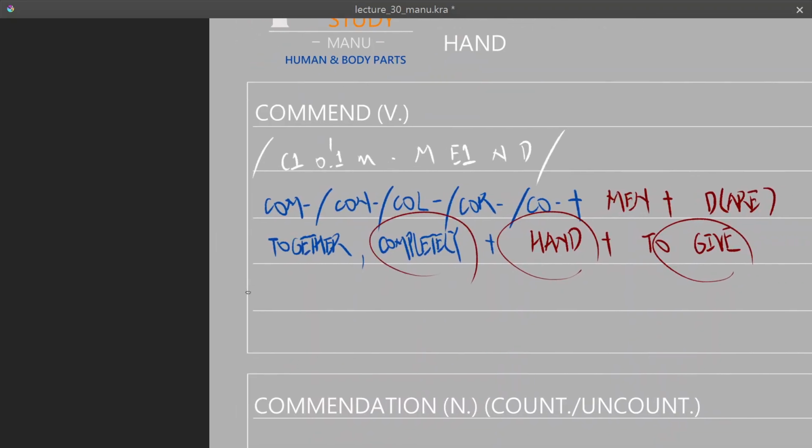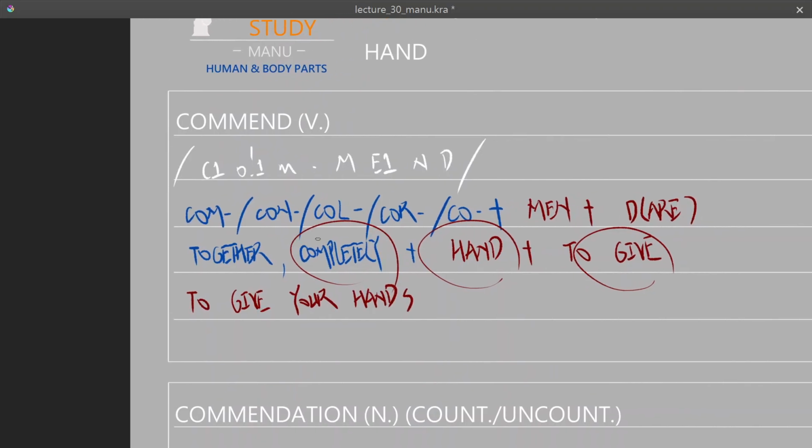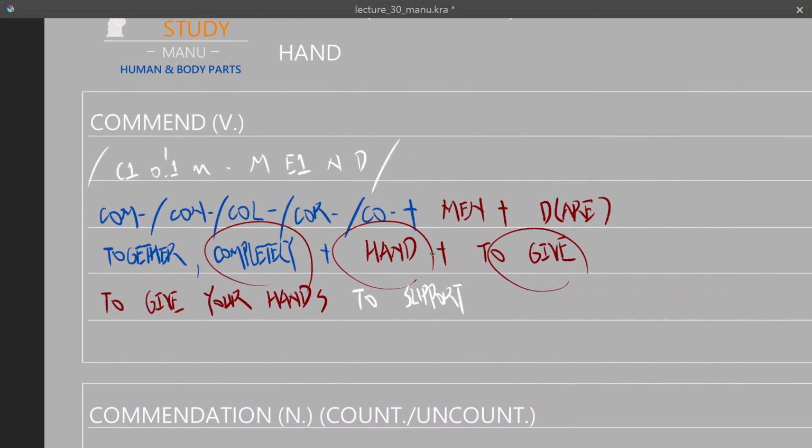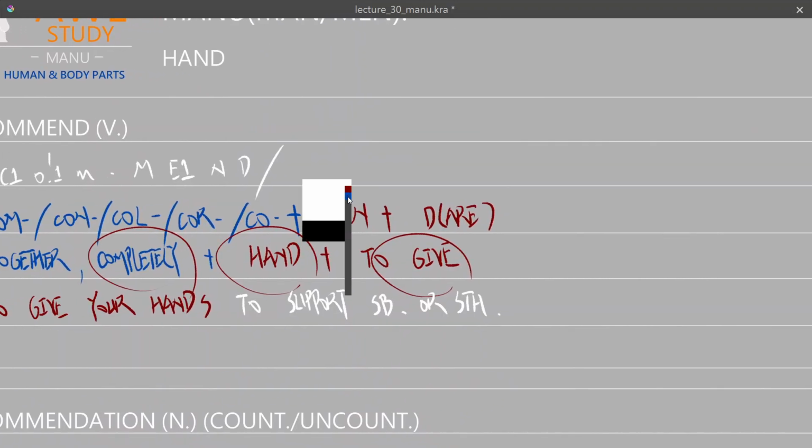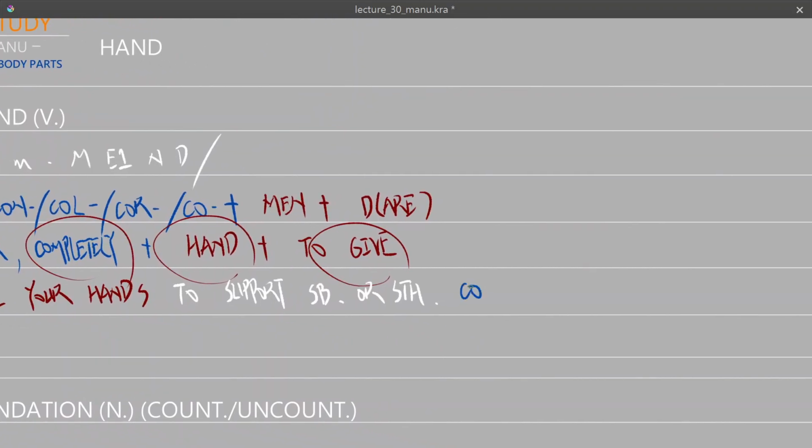So let's write down: to give. To give what? Your hands. Your hands to do what? To support. To support somebody or something. Completely. That's it.